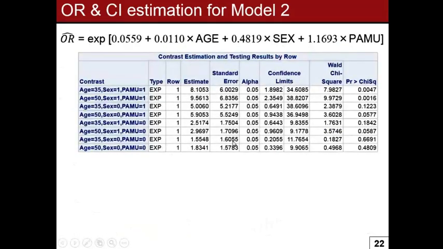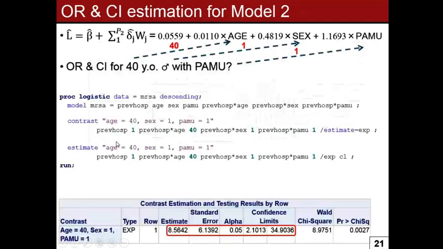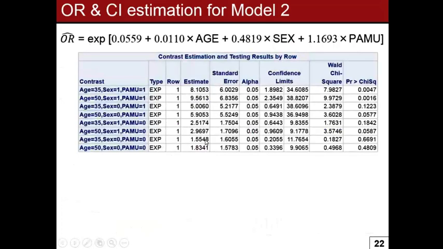So this is what happens. What's cool about the estimate and contrast statements is you can put a lot of them below your model. This is just one specific kind of profile of person, a 40-year-old male with previous antimicrobial use. But there are a lot of potential values for the odds ratio depending on what level of the W terms you're at, if I'm different ages, different biological sexes, or whatever.